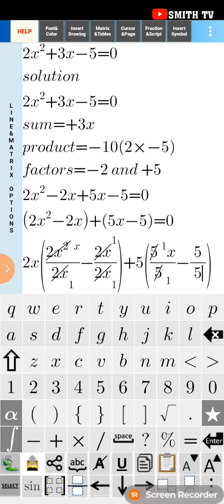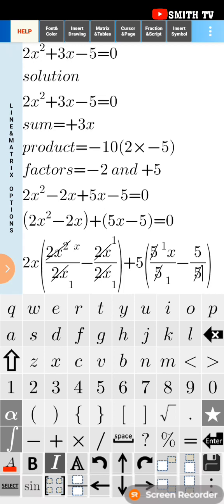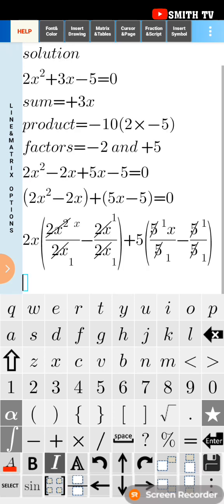5 and 5 give me 1 also. Then the denominator, 5 and 5 will also give me 1. So having done this, I'll write out what is left.